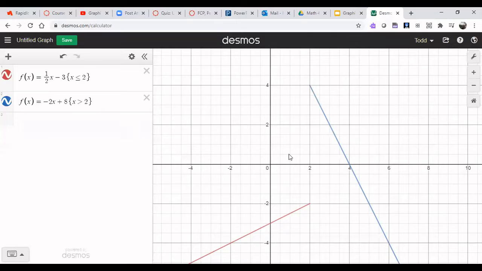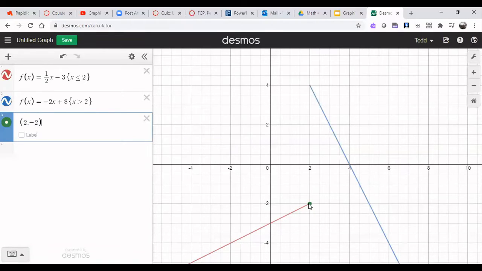You don't have to do this on yours, but I want you to see it. This function ends at 2, negative 2. So if I put a point at 2, negative 2, that's just a point, right? That is going to be the closed circle because that's the or equal to one, right?